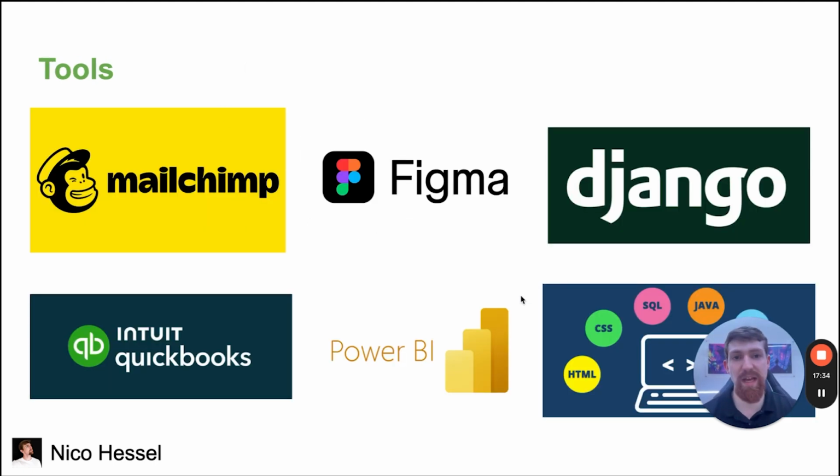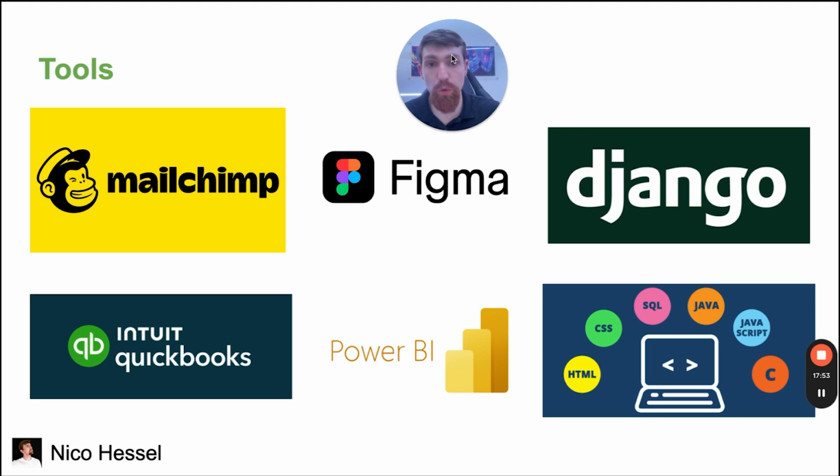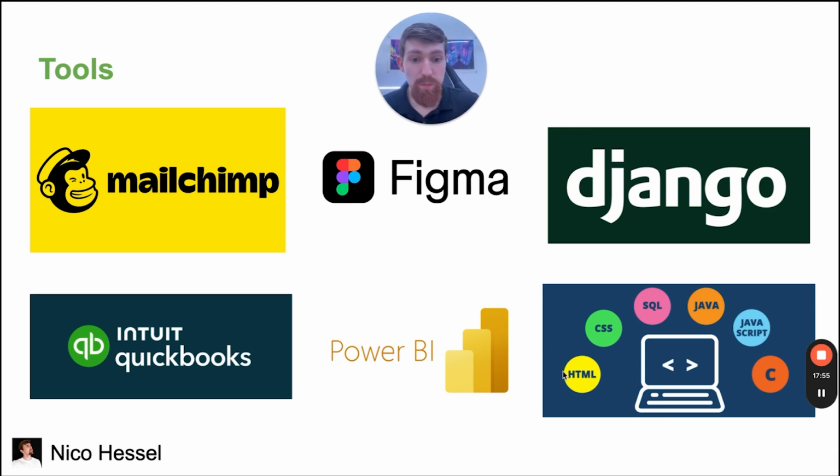Next is tools and platforms. These can get bunched together sometimes. It is kind of tricky to differentiate. It doesn't really matter. All that matters is that you include all of the tools and platforms that you use in this big list, right? So tools or platforms could be MailChimp, Figma, Django. If you are a web developer, it could be the languages that you code in, right? Any of the platforms or frameworks that you use, right?